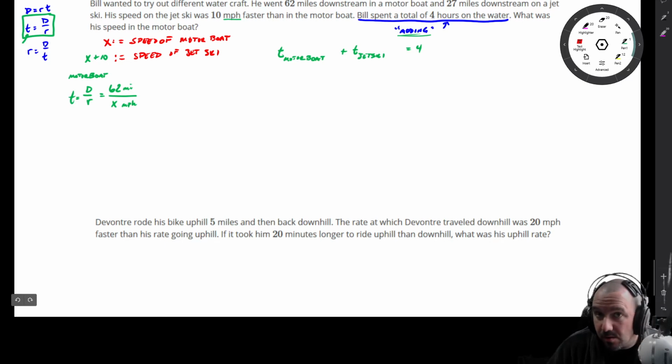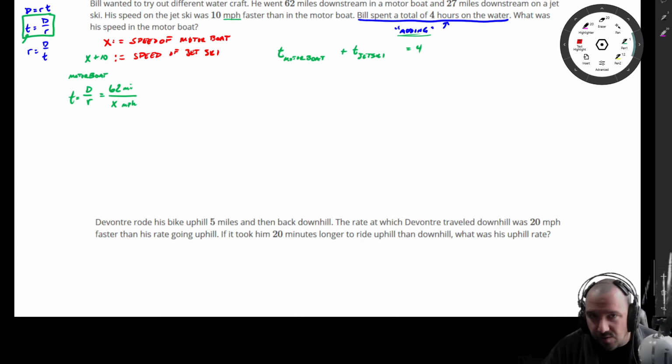This is important. Not all of your problems are going to have matching units. The units must match. You cannot intermingle units here. So if, for instance, it gave me 62 kilometers, but it gave me the speed in miles per hour, you must change one of those because they do not agree. If it said he spent a total of 30 minutes on the water, well, I have a rate of miles per hour.